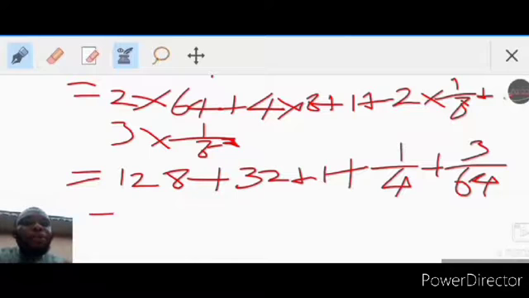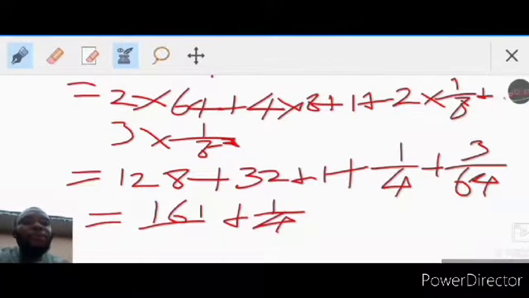Which will give us 161 plus 1 over 4 plus 3 over 64, which will take the LCM here. That is 64.